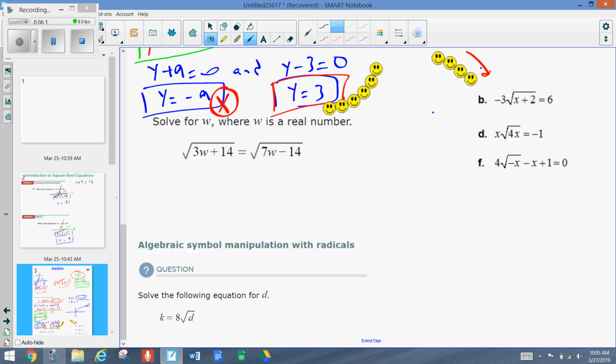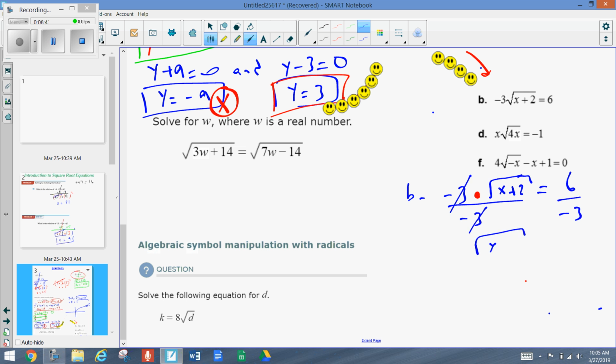So negative 3 times, the inverse operation of multiplication is division. So I'm solving B here. Negative 3, I emphasize this sign here, times root x plus 2 is equal to 6, right? Since it's multiplication, I should divide both sides by negative 3.